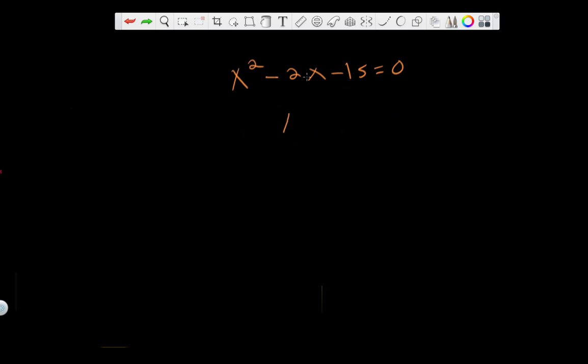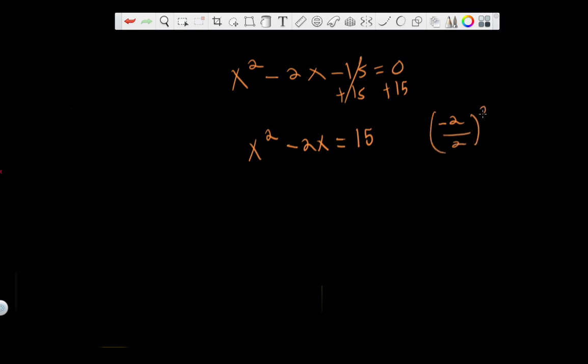Once we have an equation in this format, what we do first is we add the constant to the right. So we add 15 on both sides. That goes away. We're left with x squared minus 2x is equal to 15. What we do here is we take the coefficient of the x term, we divide that by 2 on the side, so I'm going to do it right here, negative 2 divided by 2, and then we square that.